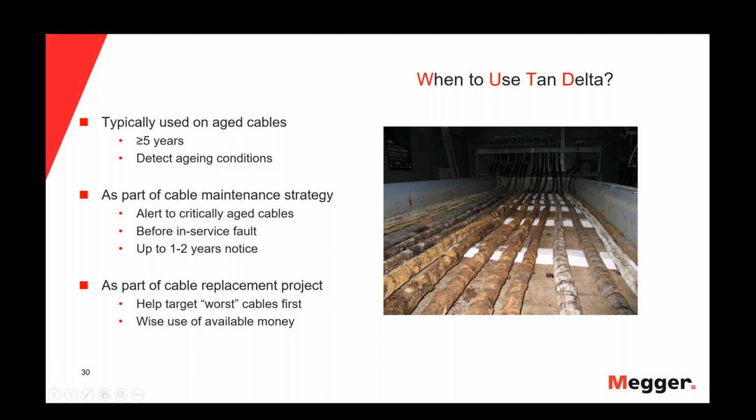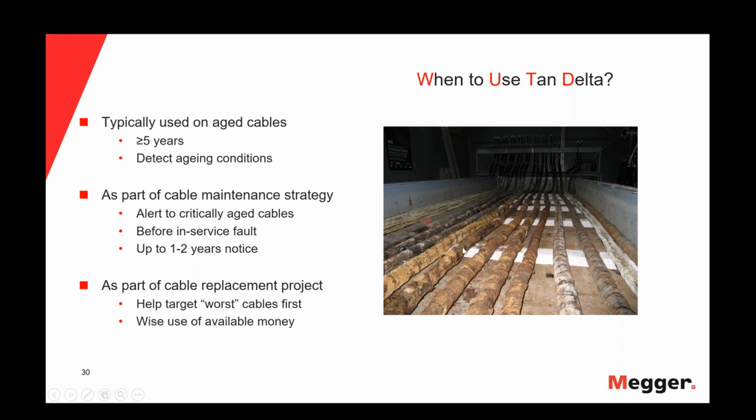For instance, if we have all these old cables in the pictures and we want to start to replace the cables with the worst aging conditions in the insulation, then we can use the Tan Delta as part of a cable replacement project, and the Tan Delta will help us to target the worst cables first, not the older ones.